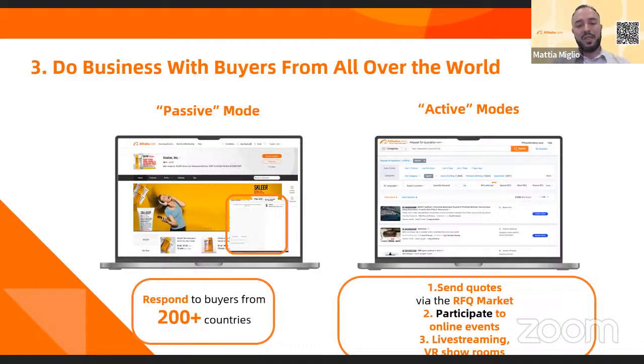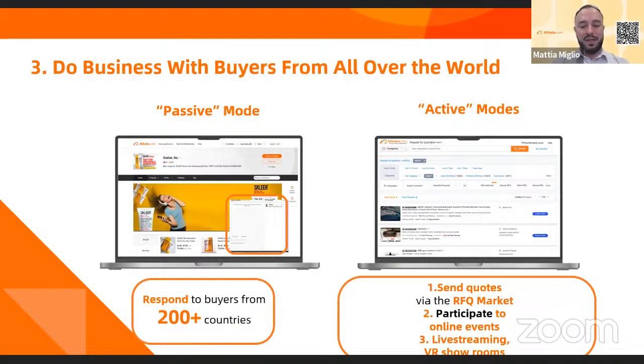So our algorithm will create a star rating for you. This is important because buyers, when they check your profile, will check the star rating that the platform gives you. The more stars you have, the more possibility and more visibility you will have in our platform.